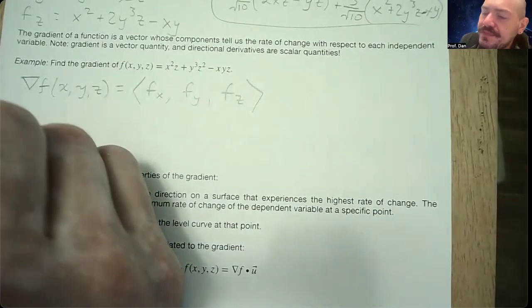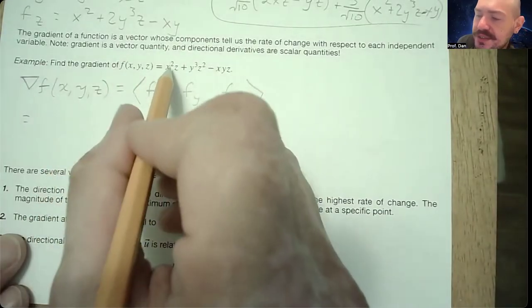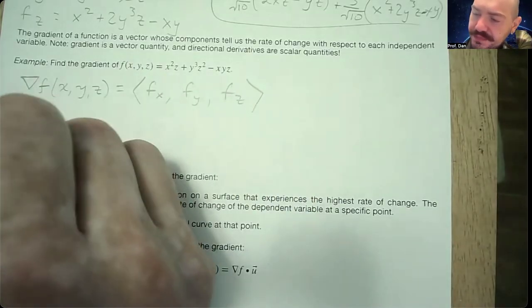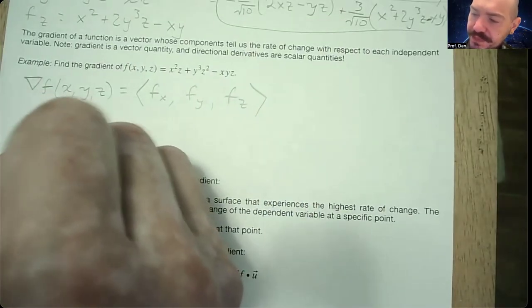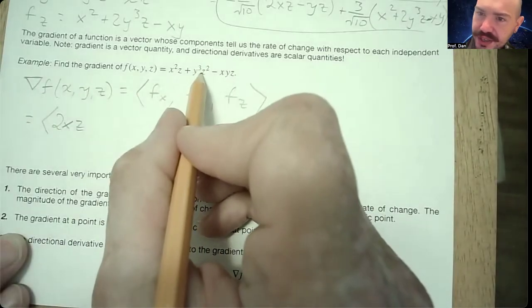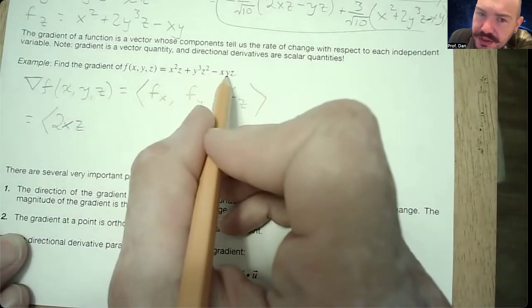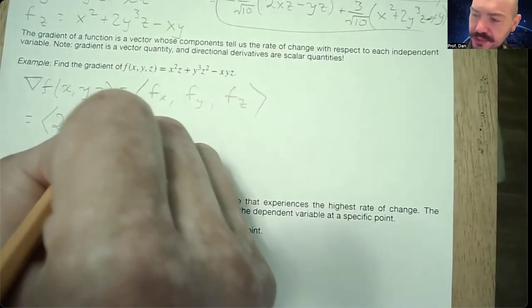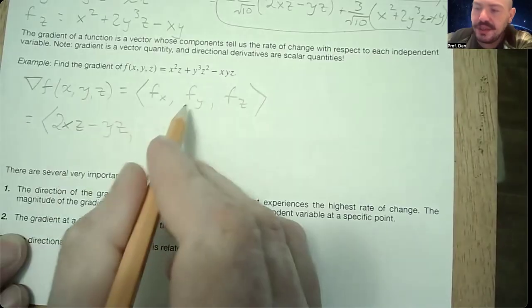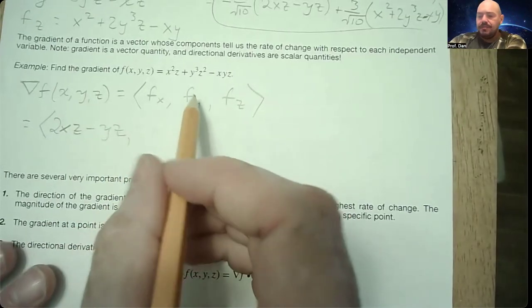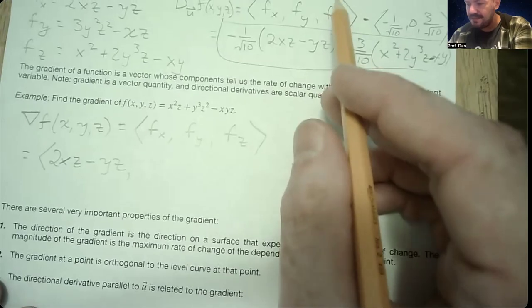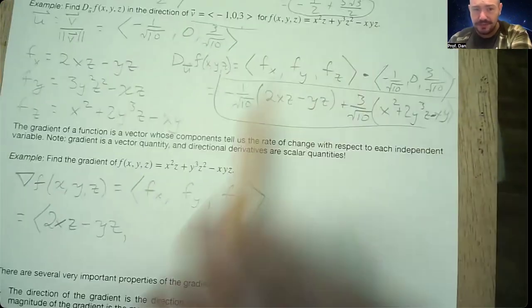All right, so fx, let's look at that. We get 2xz for the first term. There's no x here, so that's 0. Derivative of this would be just yz, so minus yz. Okay. The y component, and if you notice, this is actually the exact same function that we looked at in the last example.